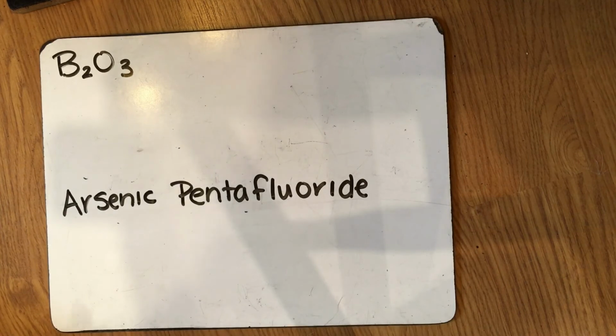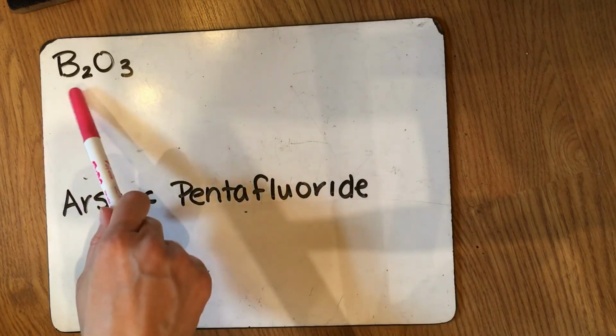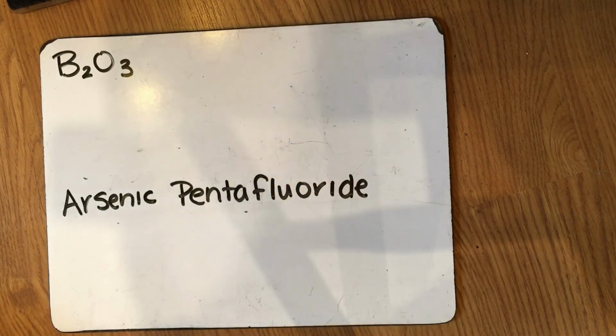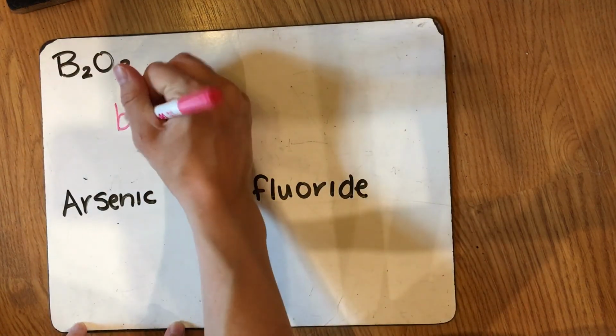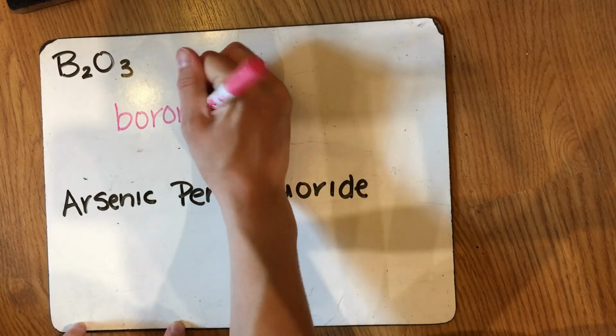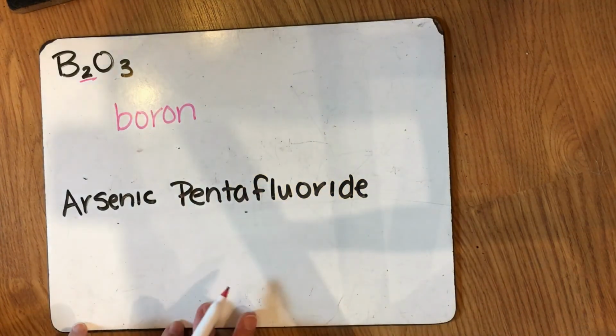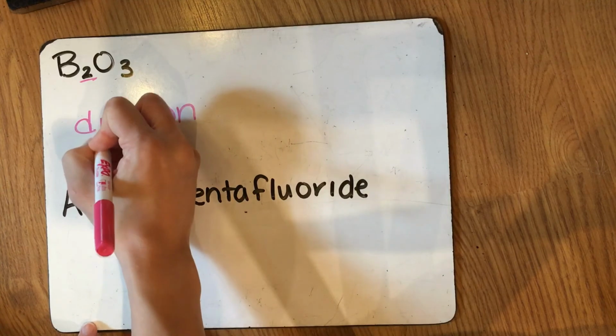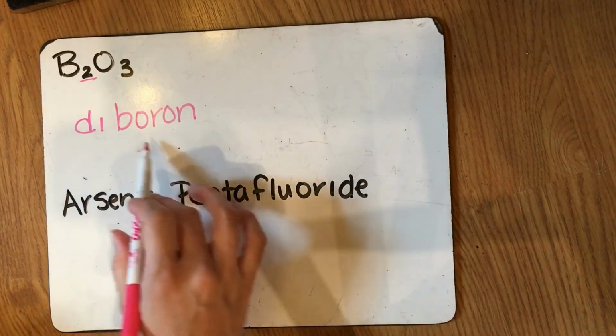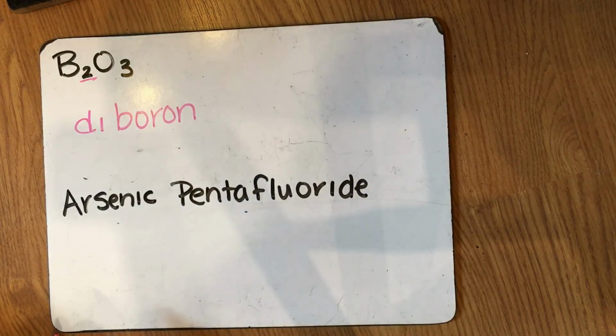Naming covalent compounds is all about the prefixes, and the prefixes come from the subscripts within the formula. So here we have B, which is boron, and it has a subscript of 2. And so I'm going to put a prefix of di in front of it. So it'll be diboron to show that there's 2 of them.